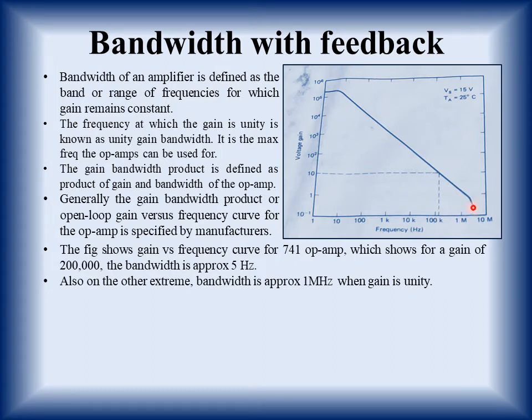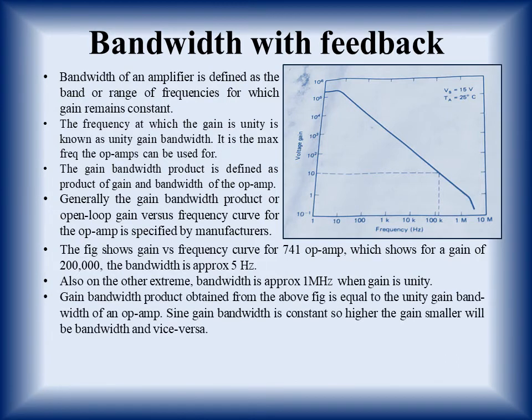So we have defined the gain bandwidth product: gain into bandwidth. If we calculate gain and bandwidth from one end or the other, the product comes out the same. So in this figure of the 741, the bandwidth is the unity gain bandwidth.